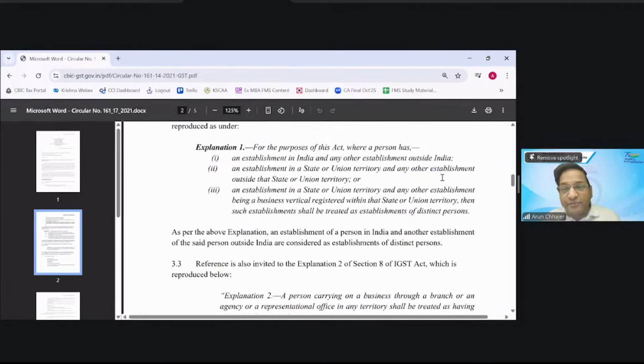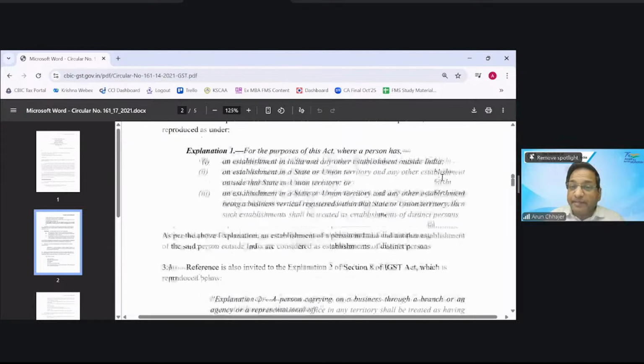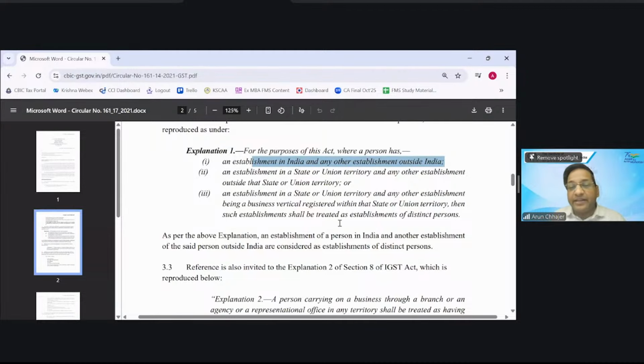So we will go to explanation 1 only. Explanation 1 says that an establishment in India and another establishment outside India will be treated as an establishment of distinct person. They are jumping to this point that section 2 clause 6, fifth condition, has been linked with explanation 1.